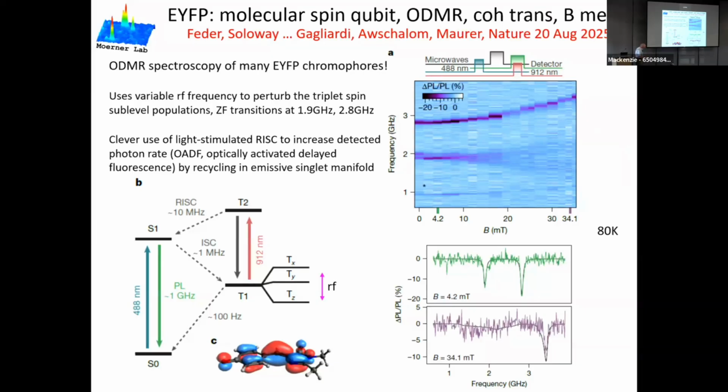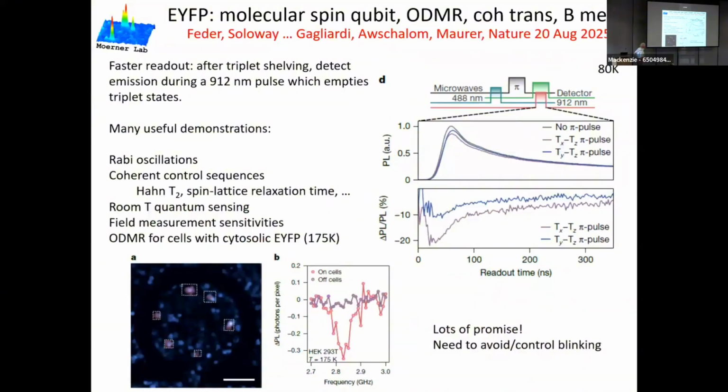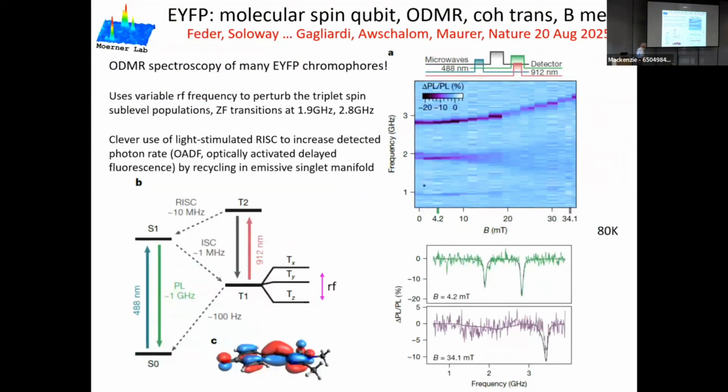It's a beautiful experiment, and I was so excited to see that they had done this, since EYFP had been used for the other work earlier. There's also in their paper a discussion of why they use this 912 nanometer readout, because things were too slow. They want to go faster.